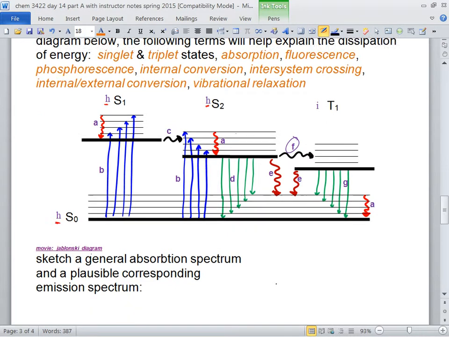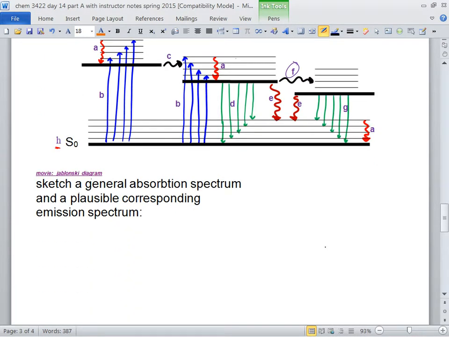Sketch a general absorption spectrum. Okay, you've had UV-vis, so you have this thing on the screen. What's the x-axis there, Andrew, on that screen when you use UV-vis? If you're doing a calibration curve.